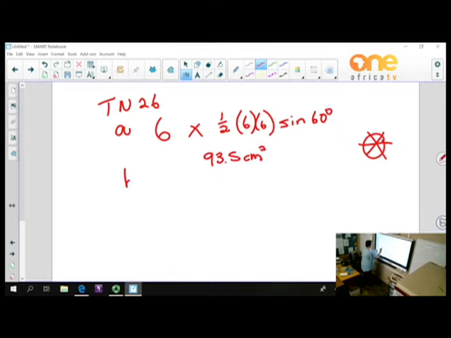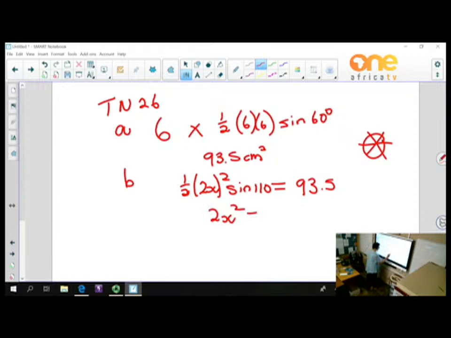At number B, the two areas are equal, so we're going to equate it to that one, and it is then a half of 2x squared times sine 110, and then I got that x. So this will then be 2x squared is equal to 93.5 times 2 divided by sine 110. And then eventually you'll have to divide by 2 and root it.